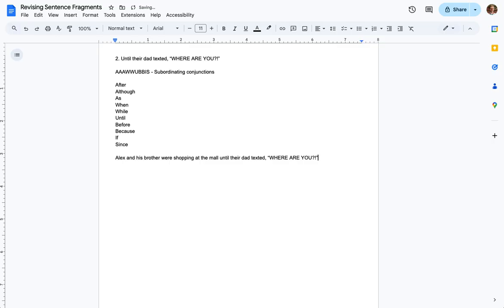That's one way we could revise the sentence, by adding some information to the beginning that has a subject and a verb. We could also use this again as an introductory clause and add something to the end. Until their dad texted, "Where are you?"